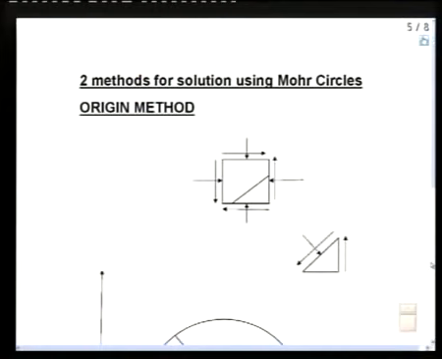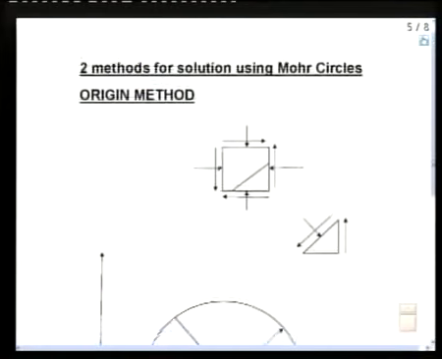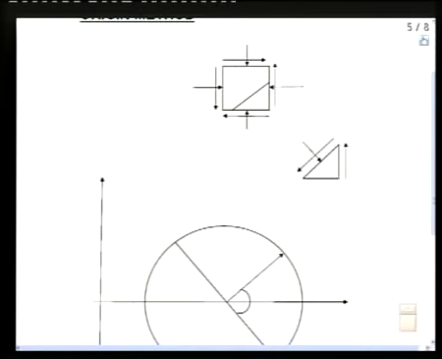So, suppose we have this example. Let me put it like this: A, B, C, D, E, and F. And we have angle theta, sigma y, sigma x, and tau xy.